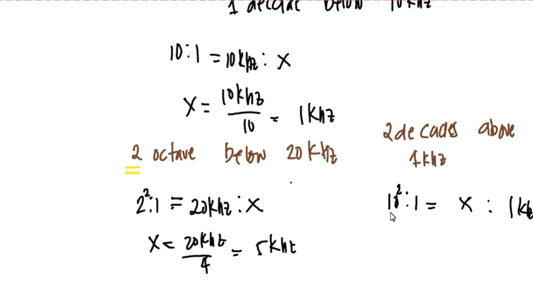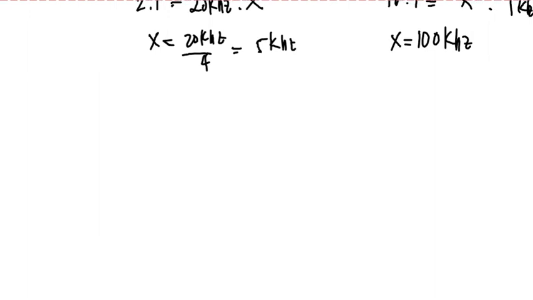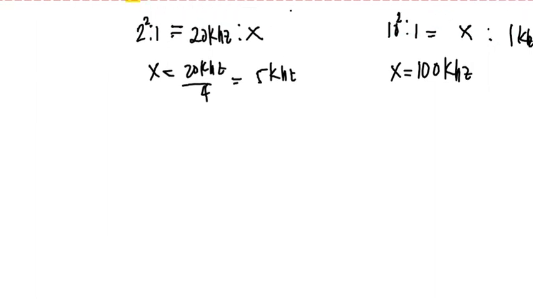So x is equal to 100 times 1 kilohertz, that will be equal to 100 kilohertz. So that's it, just a simple review or concept to present the topic of decade and octave.